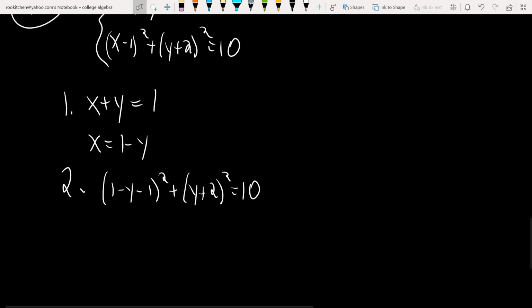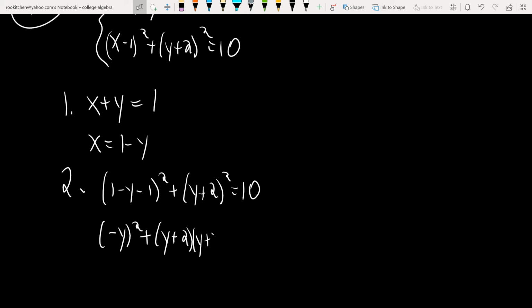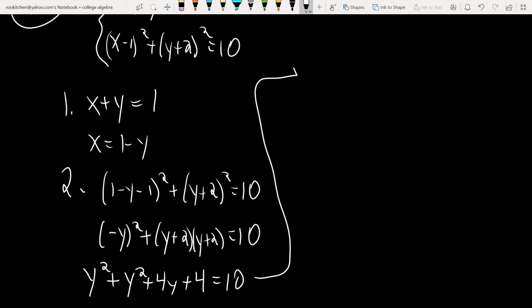Simplify. 1 minus 1 is 0, so I just have minus y squared. And then I'm going to have to FOIL this next guy. And then I have 10 on the other side. Negative y squared. Negative y times negative y is y squared. FOILing, I get y squared plus 4y plus 4 equals 10.